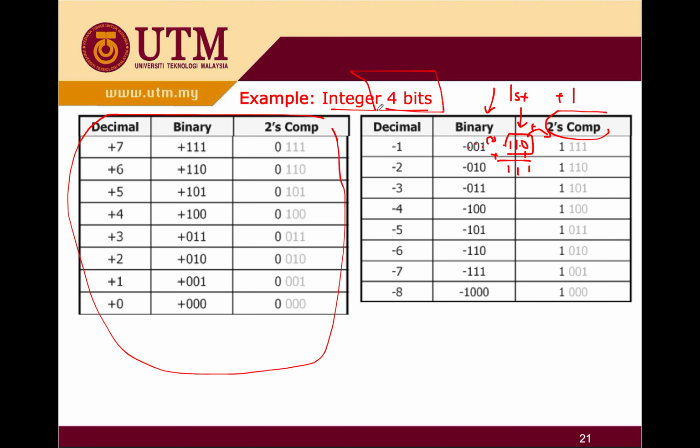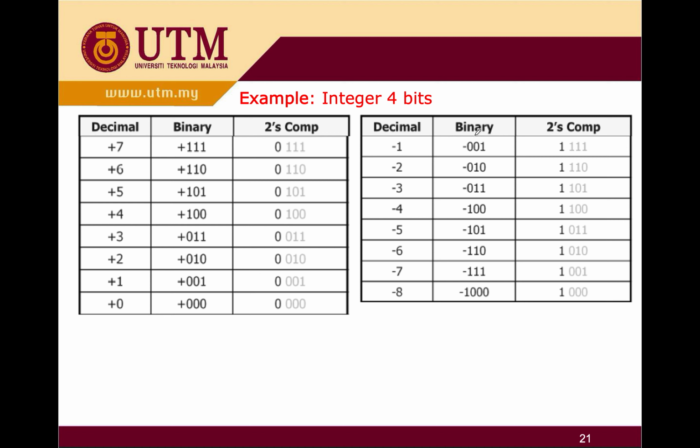I forgot about this. So for 4 bits, I should have a 0 in front. Let me do it again for this example. I forgot that there is a 4 bit. 0 1 0 0, because it's 4 bits. So this is how it's going to look, isn't it?